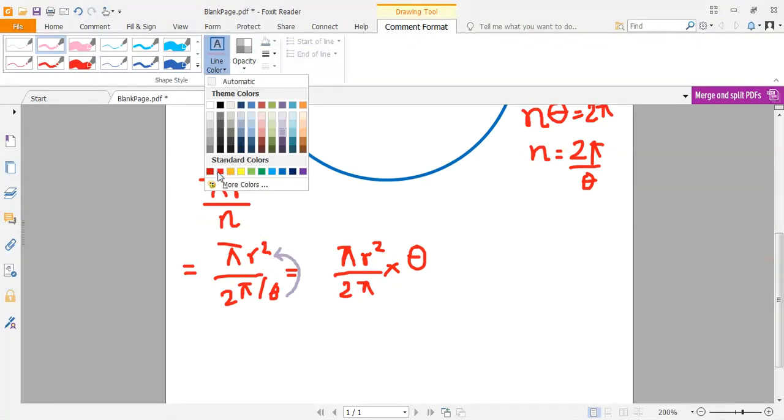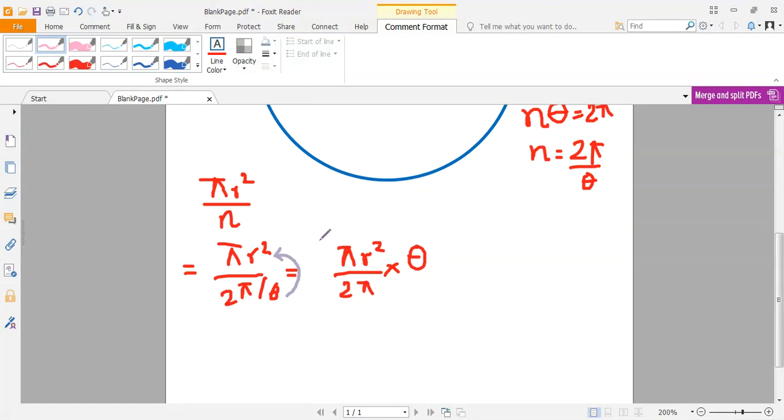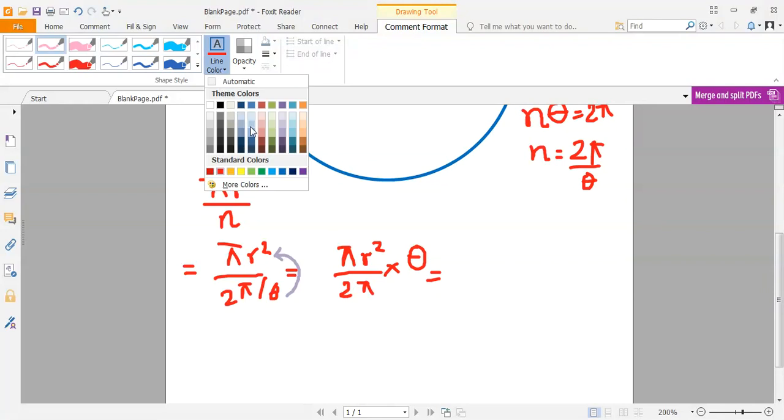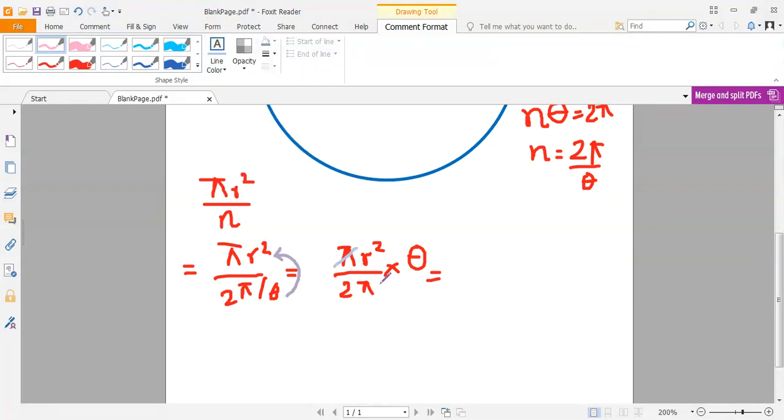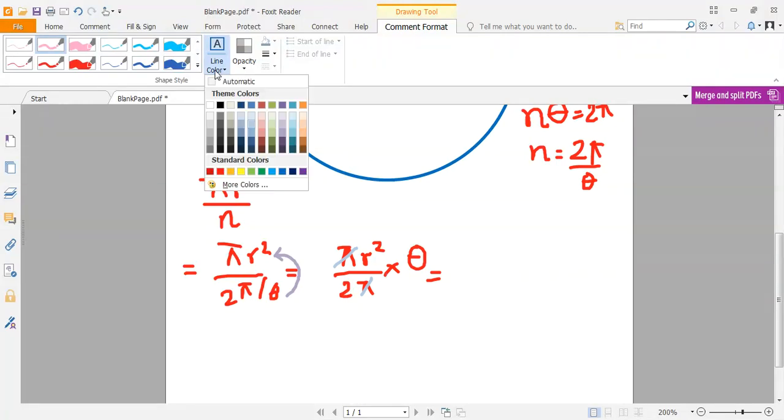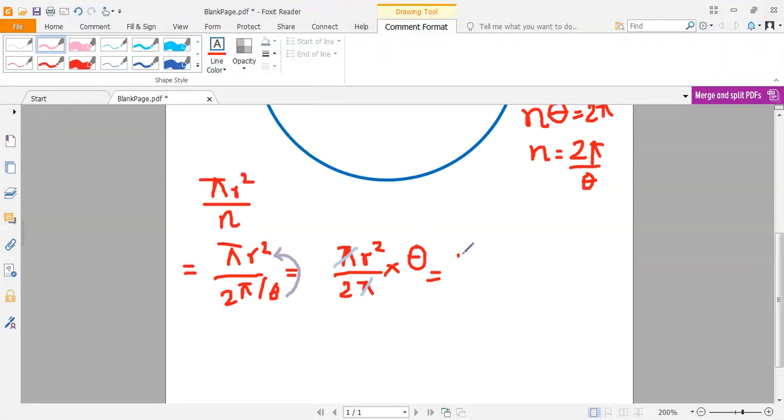Then I can cancel out pi and pi, and if I simplify it, I get r square theta by 2.